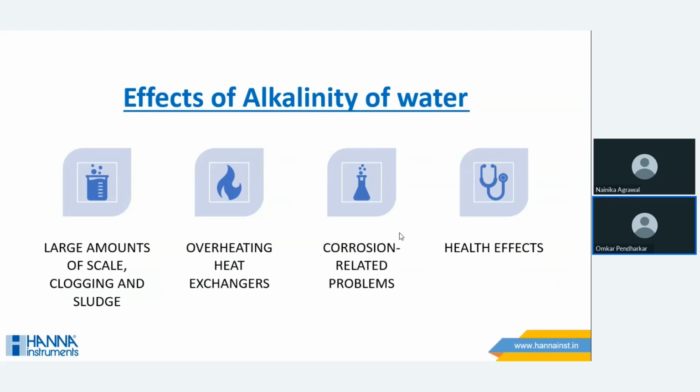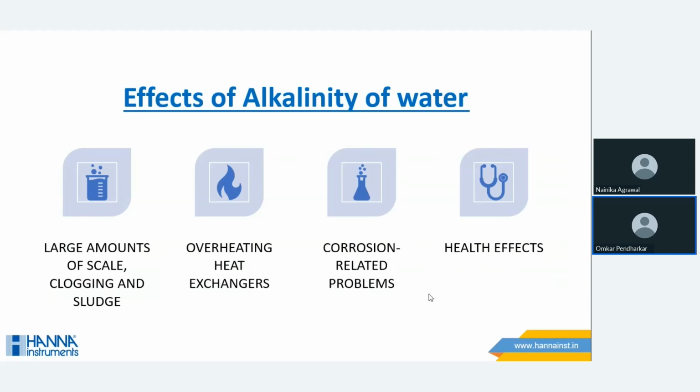This scaling can reduce the heat transfer efficiency, and this inefficiency in the heat transfer can lead to overheating, which can cause damage to the boiler. So maintaining the proper alkalinity for boiler water or cooler water is important for the safe operations of the water treatment plant.